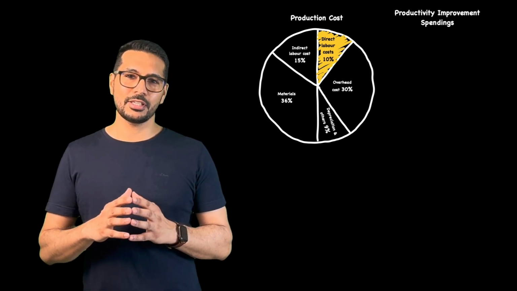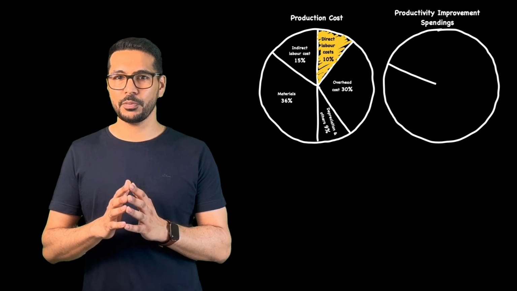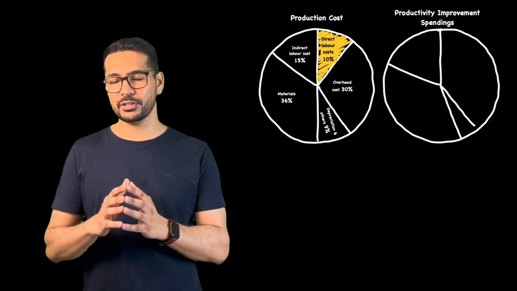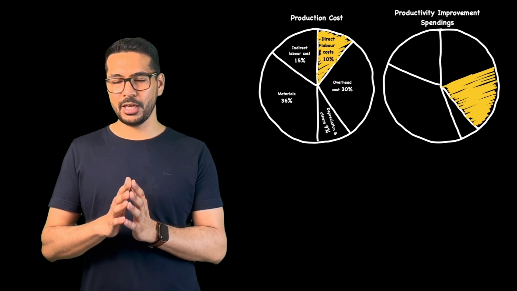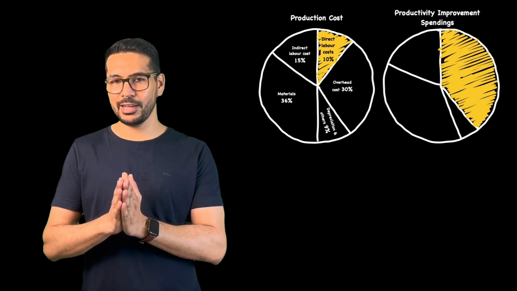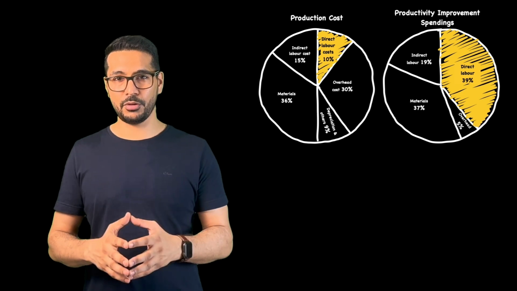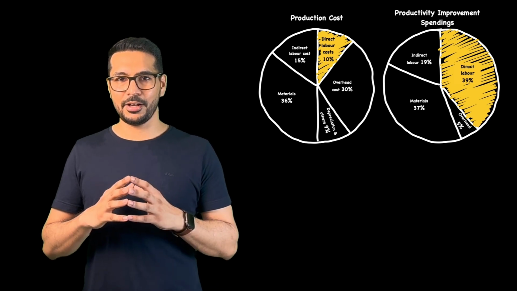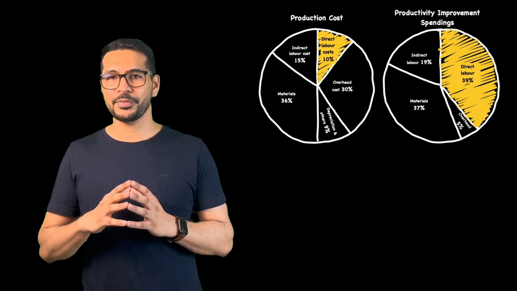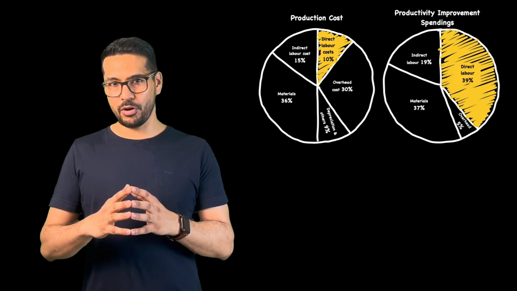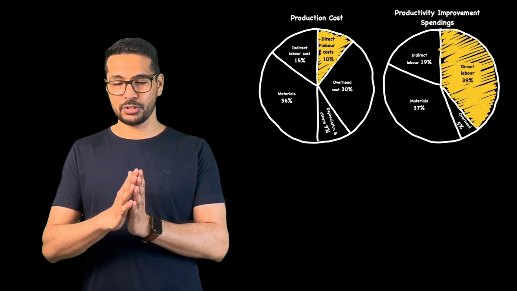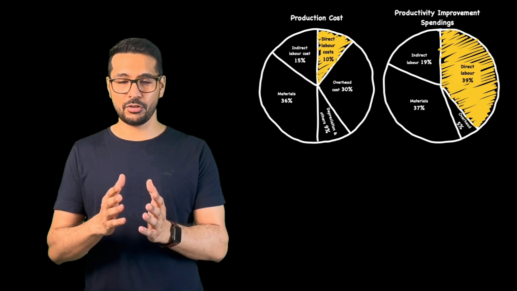But if we look at the spending, or the productivity improvement effort, in the next graph we see very clearly that most of the focus for productivity improvement was so far on direct labor costs, and the spending is 39% or 40%.